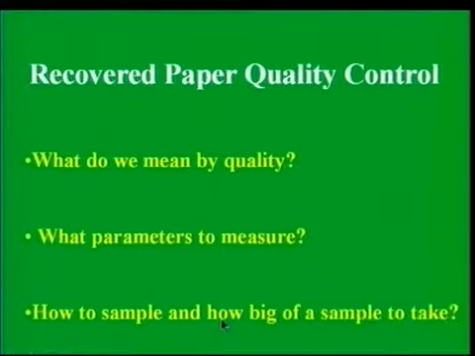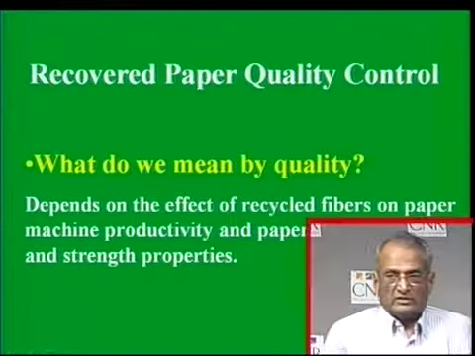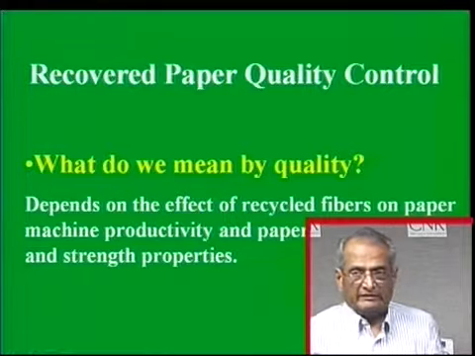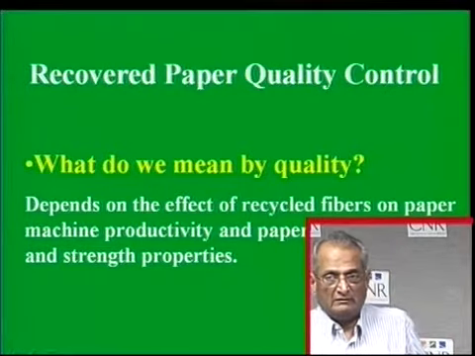We have to have some control over the recovered paper quality. So the first question that arises is, what do we mean by quality? What parameters do we need to measure, and what is the sample size, and how big a sample to take, and so on. As far as we are concerned in this particular chapter, we will talk about stickies as the main criteria to qualify recovered paper.